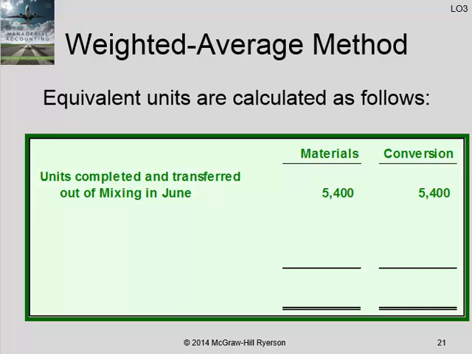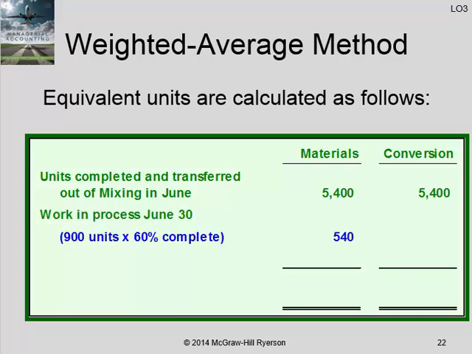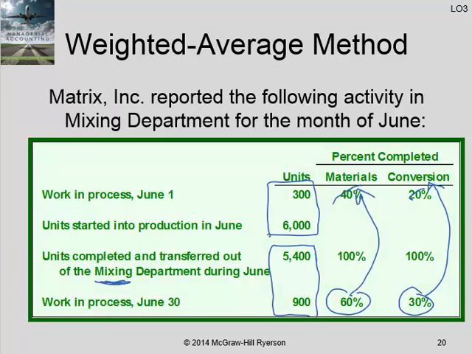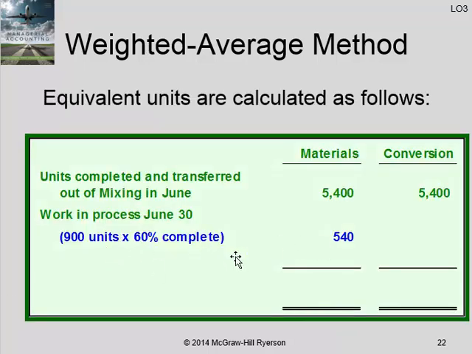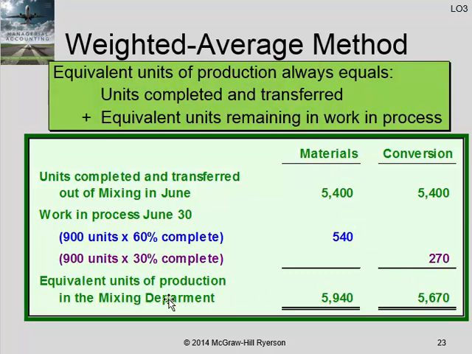This is now the next section in the production report, the middle section. It's the calculation of equivalent units. If we had 900 units in ending work in process that are 60% complete, then we have 540 equivalent units with respect to materials, and 900 units, 30% complete, 270 equivalent units with respect to conversion.